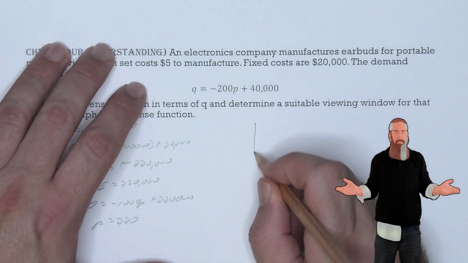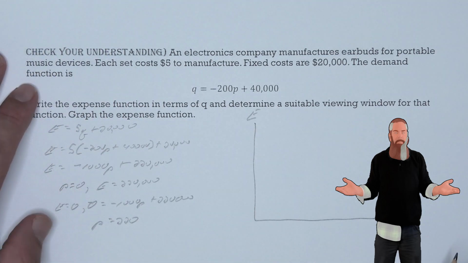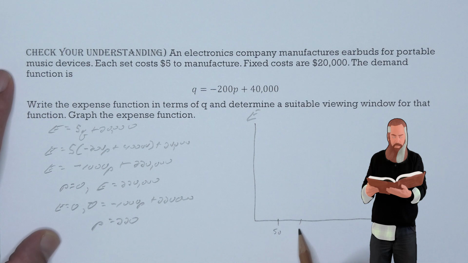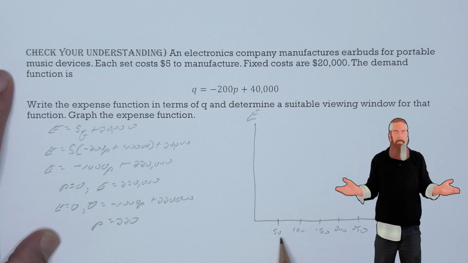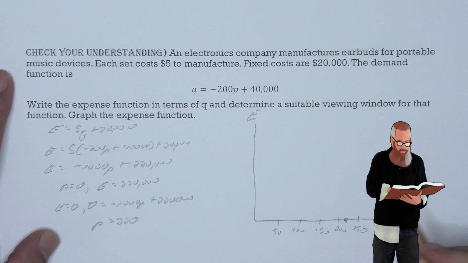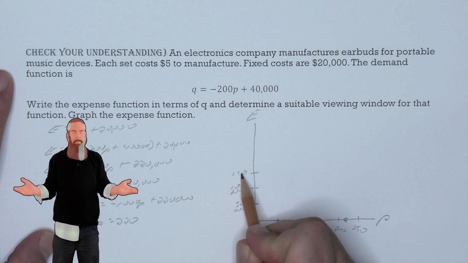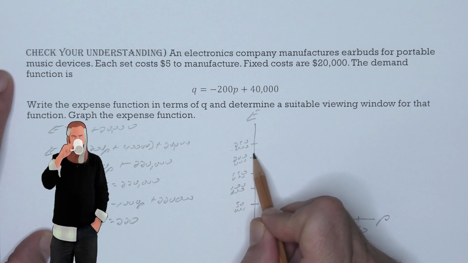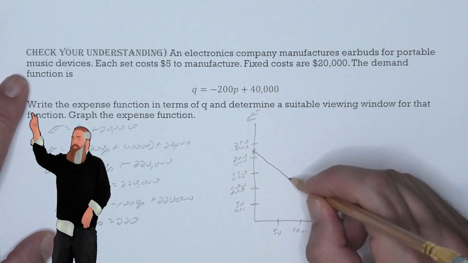So on our graph, where E represents the y-axis and P is the x-axis, we're going to use 50s: 50, 100, 150, 200, 250. Now we know on this line we're at 220. And for the E-axis going all the way up, we'll say 50,000, 100,000, 150,000, 200,000, and 250,000, knowing that the E-intercept occurs at 220,000. This gives us our line.